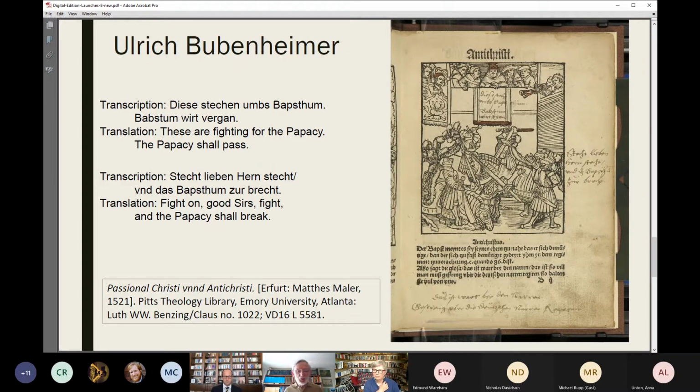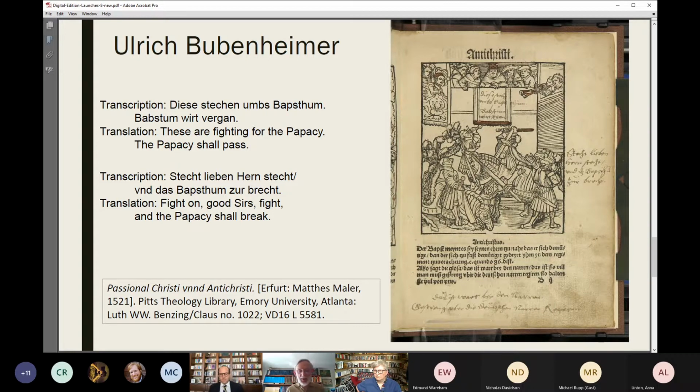The user of an Erfurt copy of the Passional only verbalized in brief words the theme of the respective depiction of Christ. For example, he wrote "Corona spinosa," crown of thorns, or "Christus baiulavit crucem," Christ carried the cross.